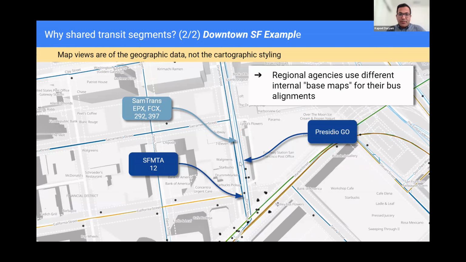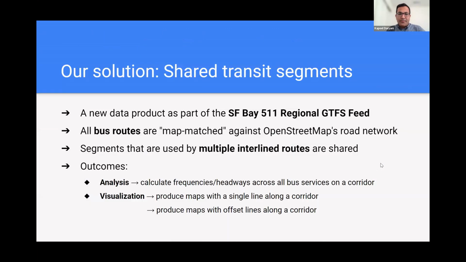Those are the challenges that we're facing, and this is one example of downtown San Francisco, where we're showing the different transit operators that serve this area, like Samtrans. That's one of the operators. Presidigo is another operator, and SFMTA, and we're highlighting those routes that share the same road segment, and their shape files here. Moving on to the next, what is our solution? Shared transit segments.